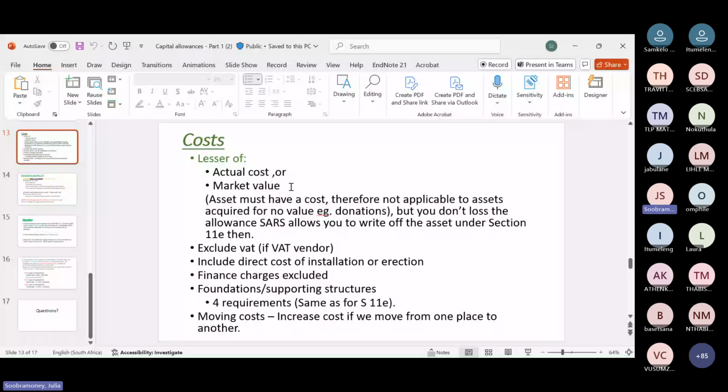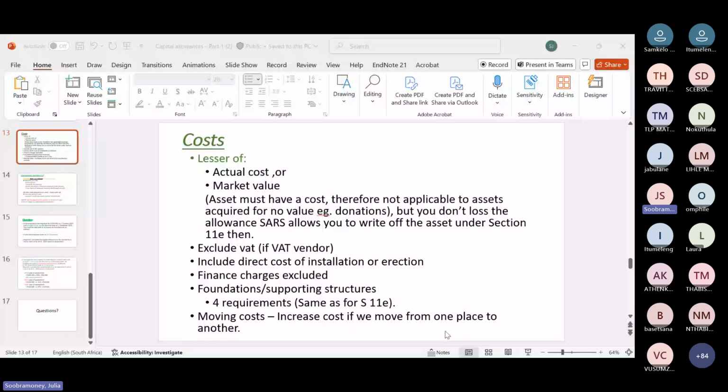This asset is used in the process of manufacturing, and the market value of that asset is 120,000 Rand. So now you need to sit and think, hang on, but section 12C says there has to be a cost, and now I don't have a cost. It's just giving me a market value. So can you use section 12C in this scenario? Yes or no? No, you're not allowed to use section 12C.